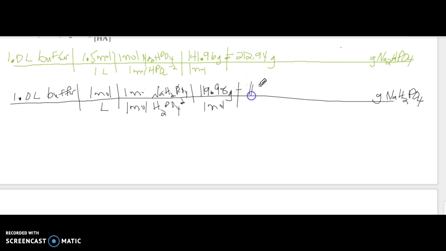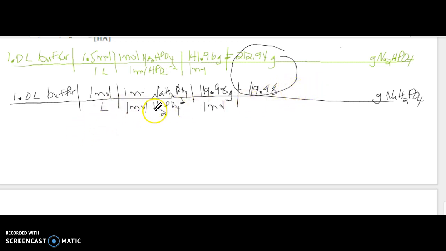And that gives you 119.98 grams. So if you'll notice, the two of these combined were over 320 grams of solid that we're trying to cram into a liter of solution. So sometimes your solubility is going to limit it.